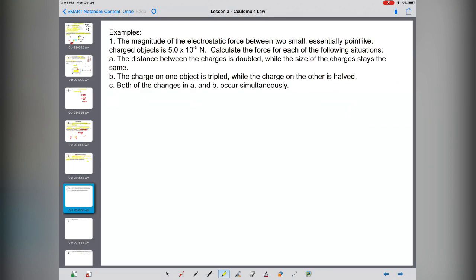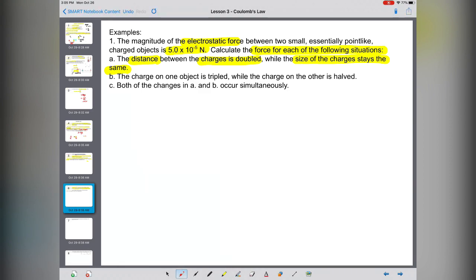Okay, so let's do some calculations here. The magnitude of the electrostatic force between two small, essentially point-like charged objects is 5 times 10 to the negative 5 newtons. Calculate the force for each of the following situations. The first one: the distance between the two charges is doubled, while the size of the charges stays the same.